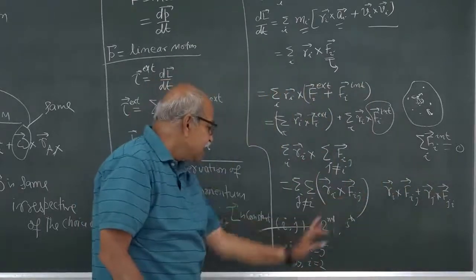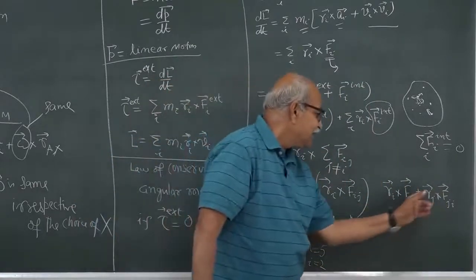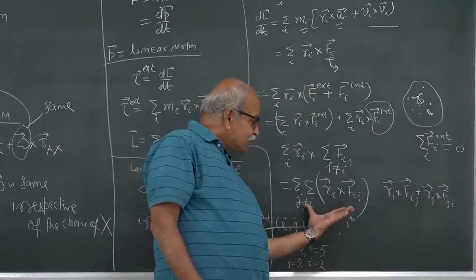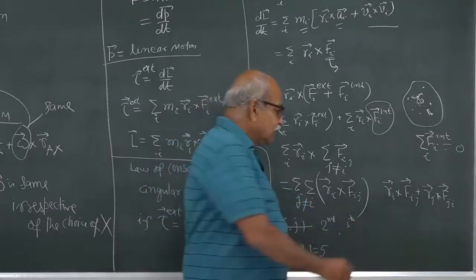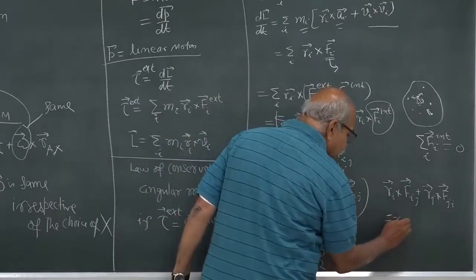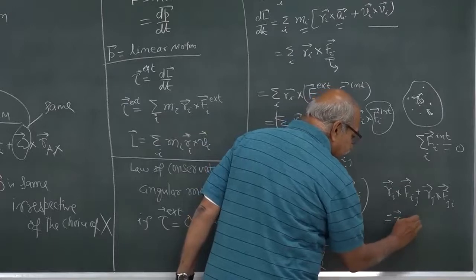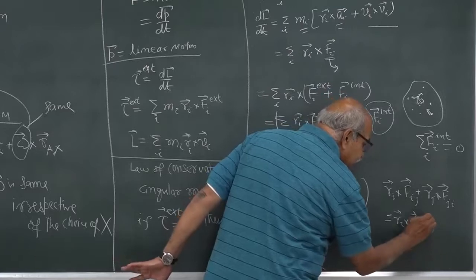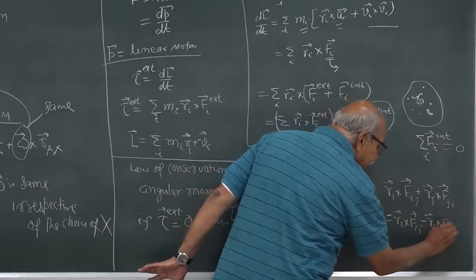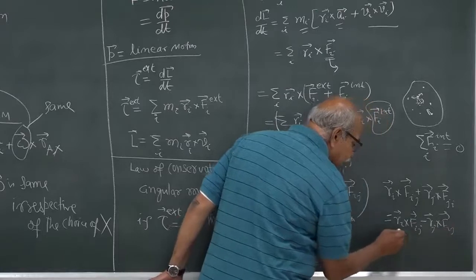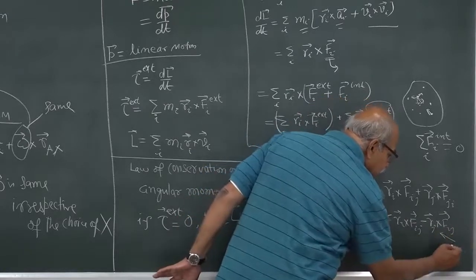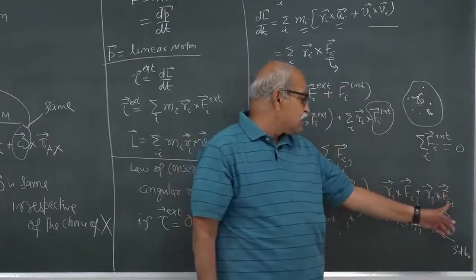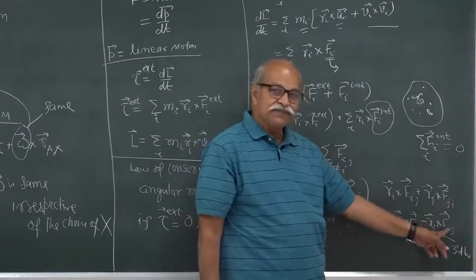So the same i and j are interchanged. This whole sum can be written in terms of such pairs, and this pair is Ri cross Fij minus Rj cross Fij. Here I have used Newton's third law: Fji is equal to minus Fij.